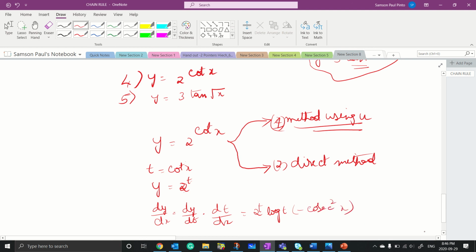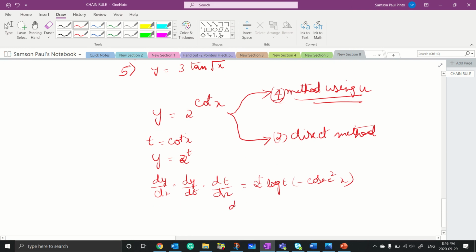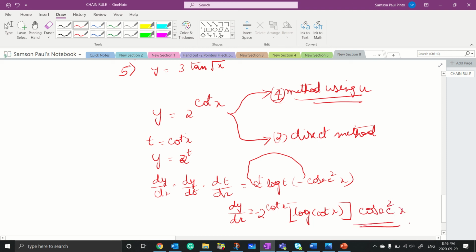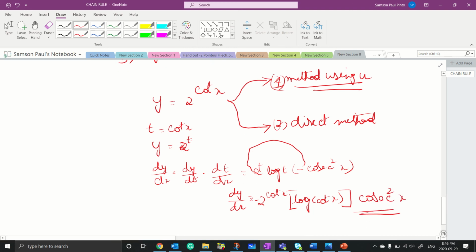So my final answer is dy by dx is equal to 2 power cot x, log 2, and I'll take this minus sign and write minus cosecant square x.